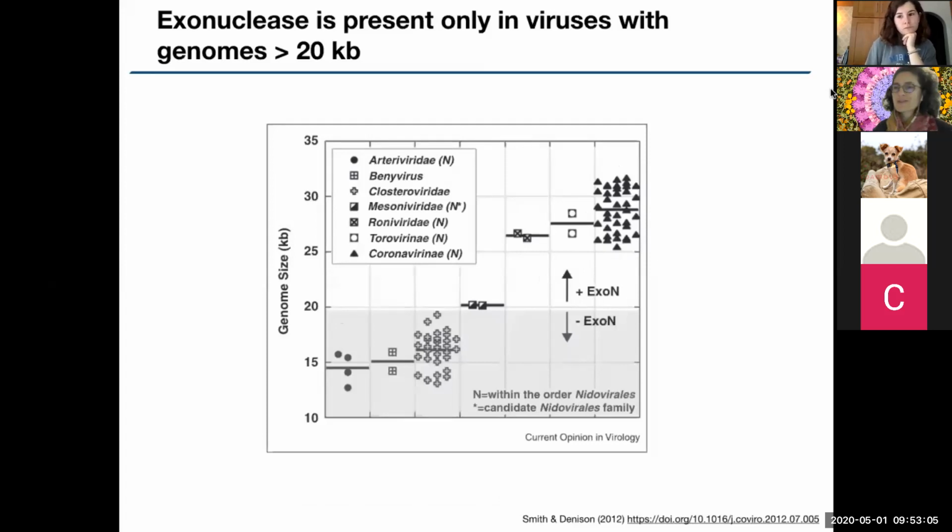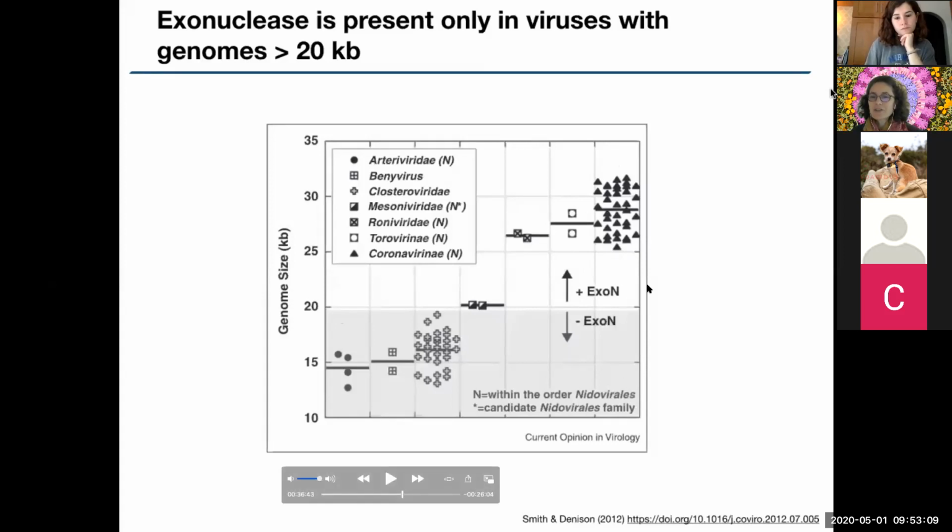In the interest of time, I was going to try to draw out a discussion, but I'll just say that the idea is that these viruses can't replicate with enough fidelity at the larger sizes unless they have error repair.